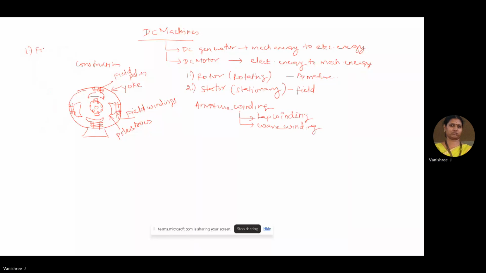First is field poles, field winding, armature and armature winding, so called armature conductors, and the prime-most component is the yoke. Yoke, and the brushes and commutator.